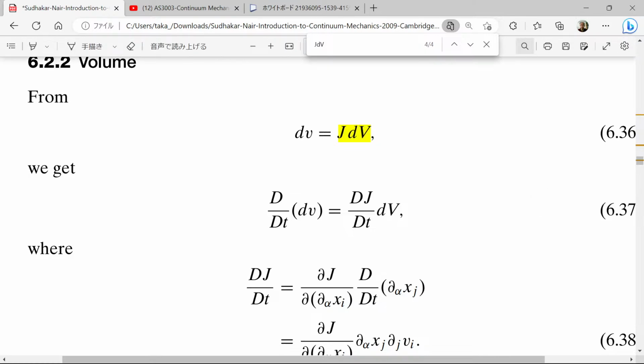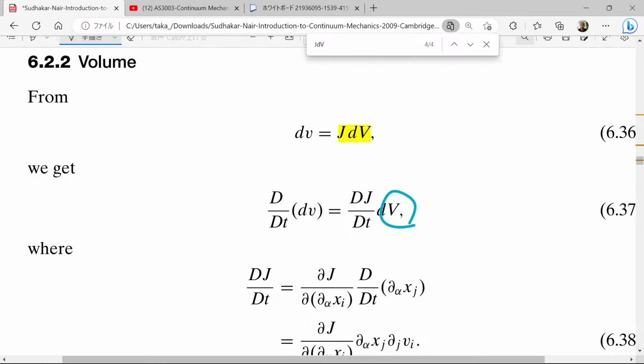Because this is constant, so we just leave it. Then this thing. How is it possible?